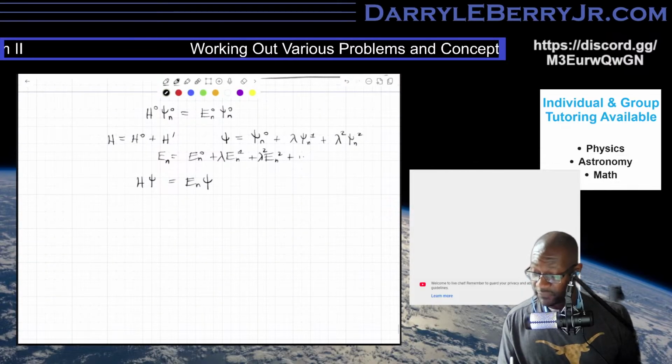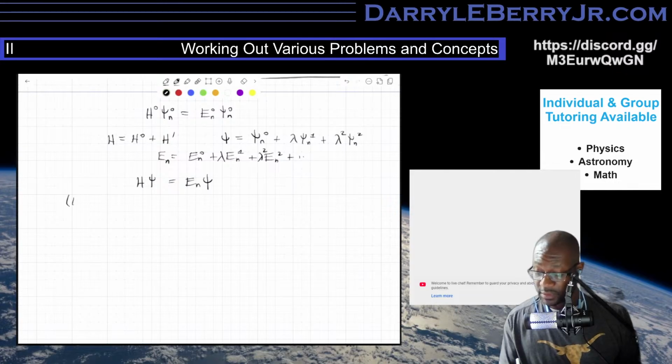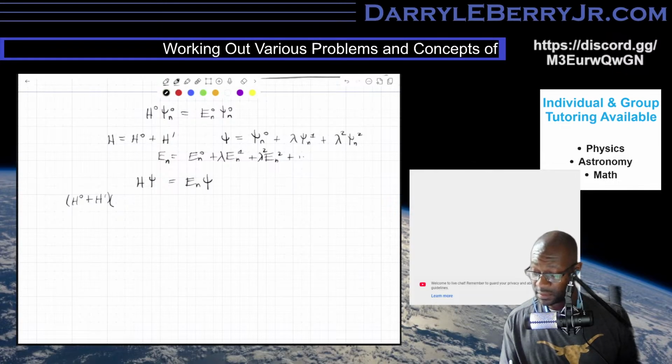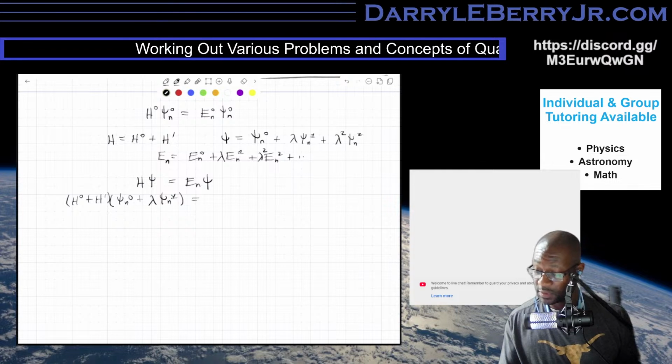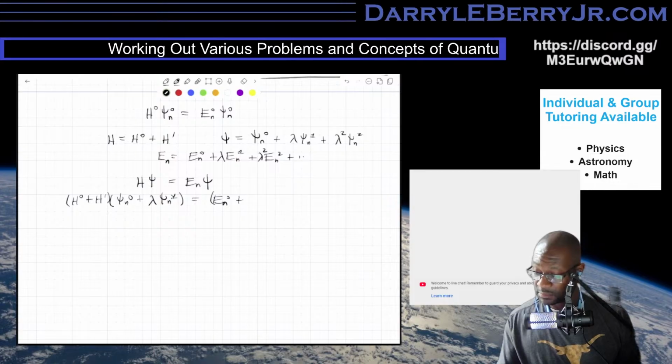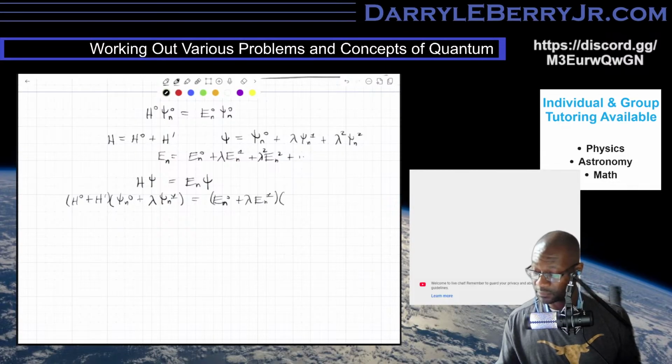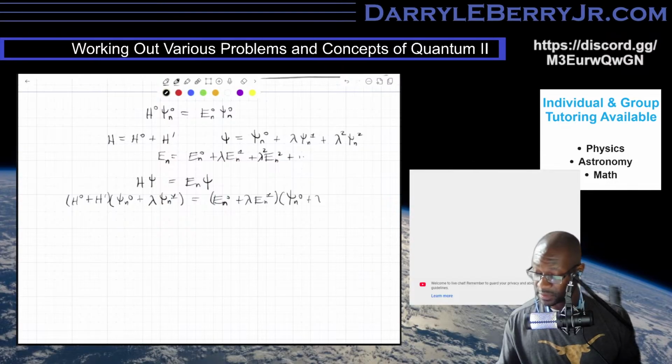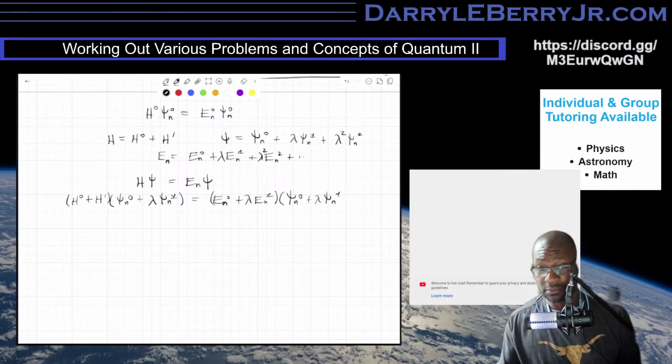If we only go to the first order, this will be H naught plus lambda H prime, times psi n naught plus lambda psi n1, equals En naught plus lambda En1, times psi n naught plus lambda psi n1.